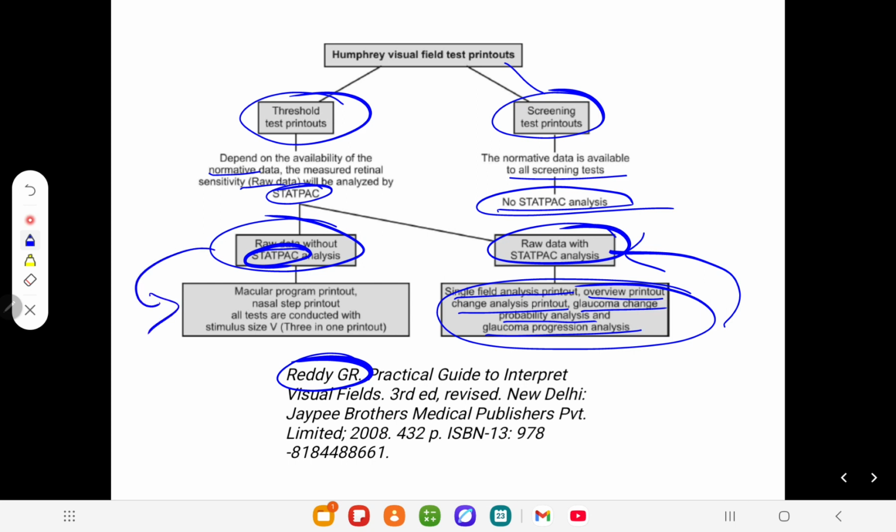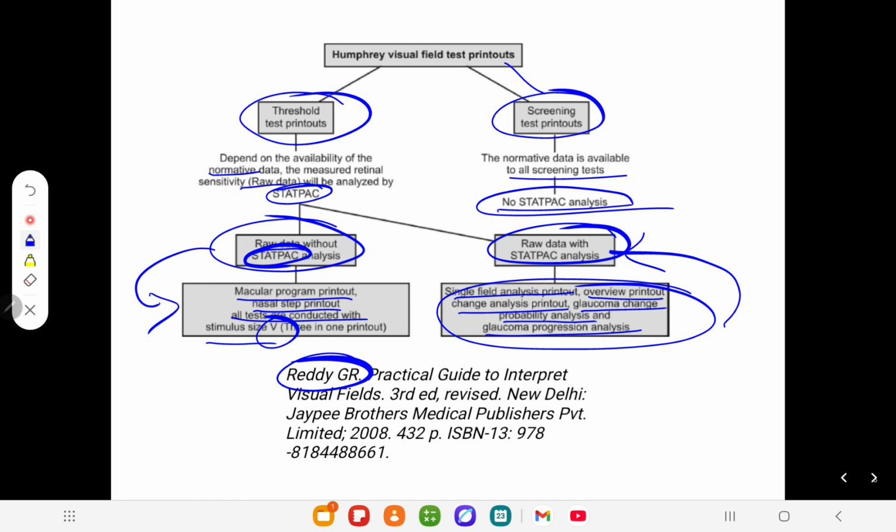And without stat pack analysis, what are the things? The macular program printout, nasal step printout, and all other printouts conducted with stimulus size 5, not 3. Basically stimulus size 3 means standard, but any test we have done with stimulus size 5 will have no statistical analysis.